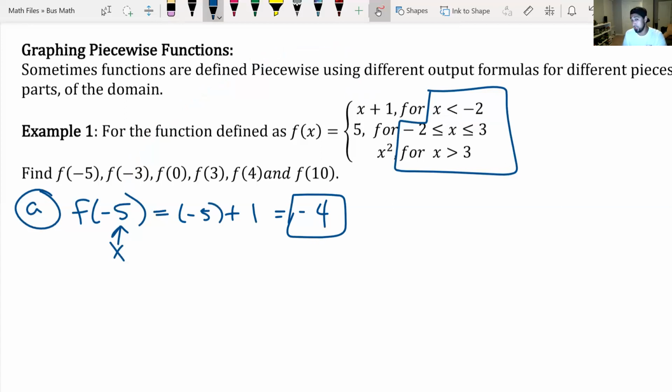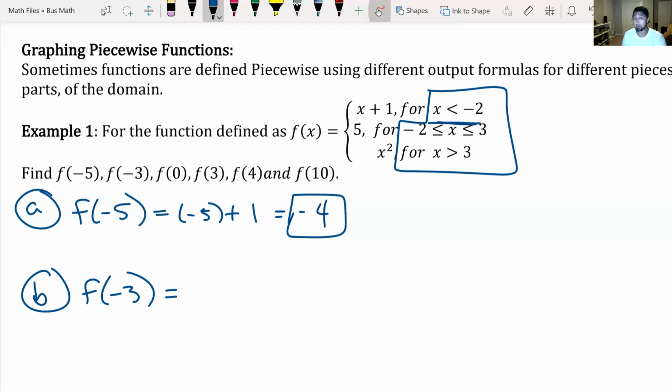Okay, let's do it again. B. F of -3. So our x value is -3. Let's check our restrictions. Is -3 less than -2?